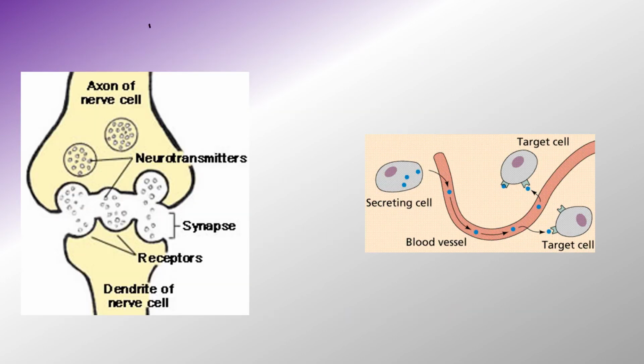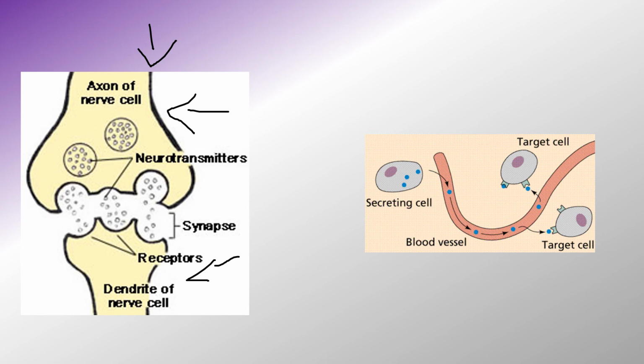So here on this side we have neurotransmitters. Again, these are the two ends of the nerve. We have the axon and the dendrite. Neurotransmitters are released through the axon to the dendrite of the other cell, and these are the chemicals here that are being released.